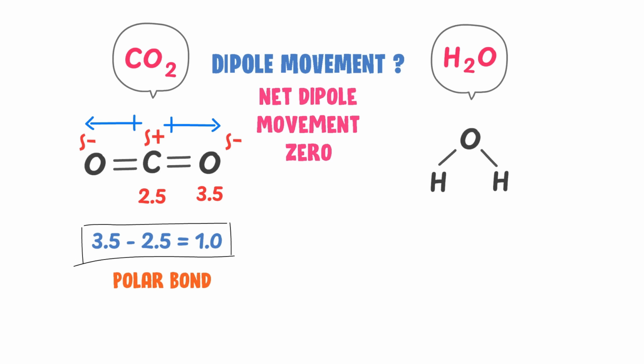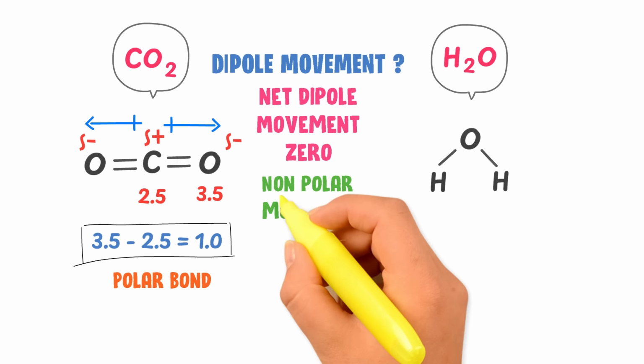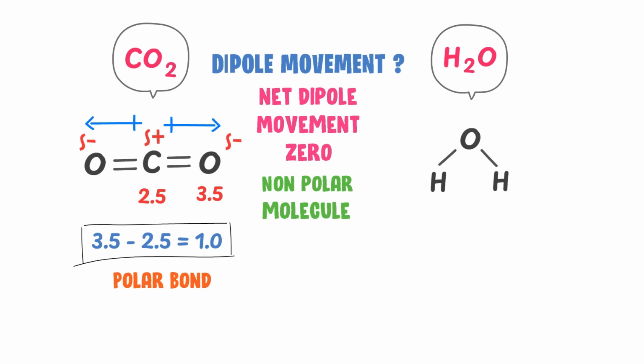Therefore, carbon dioxide is overall a non-polar molecule. So remember that the bond between carbon and oxygen is polar, but the net dipole moment is 0. Let me repeat it. The bond between carbon and oxygen is polar, but the net dipole moment is 0. Hence, carbon dioxide is a non-polar molecule.